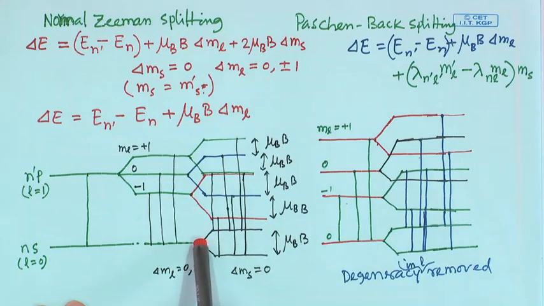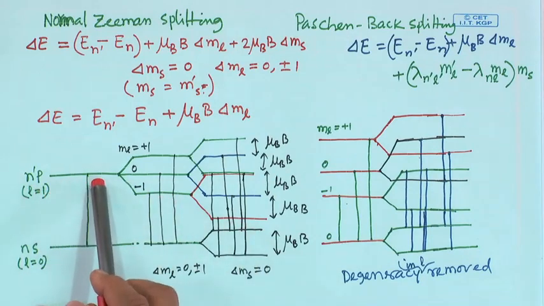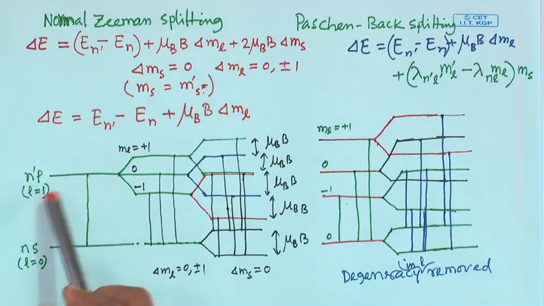So, there will be a symmetrical splitting: one is the original energy plus μB, and the other is the original energy minus μB. That is coming from 2 m_s μB, where m_s is plus half and minus half. So, this splitting we will get, and then for the next one, L equal to 1.